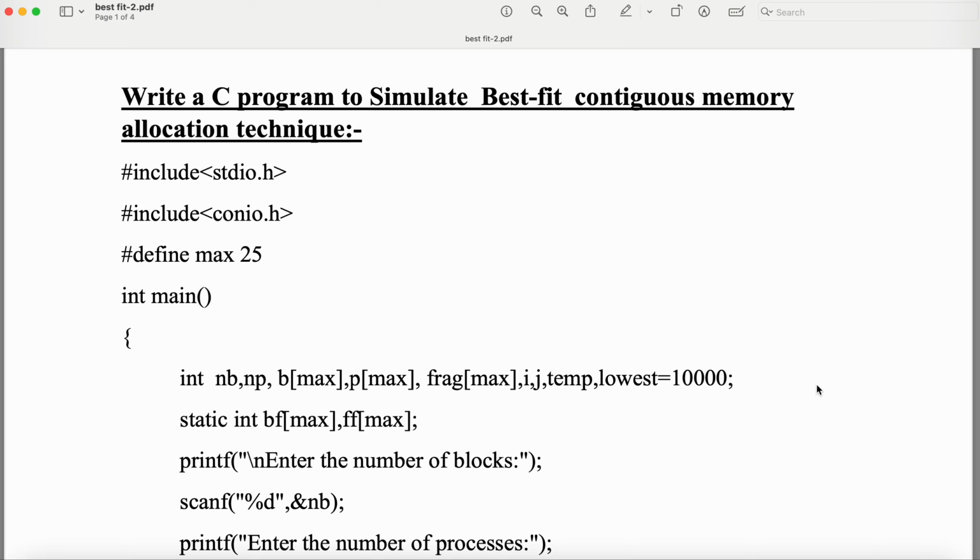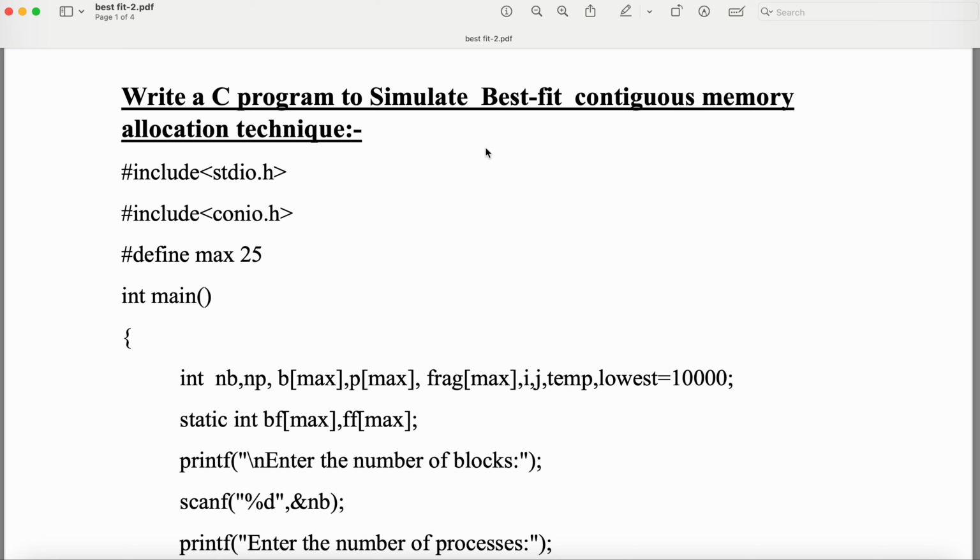Now, let us discuss a C program to simulate the best fit contiguous memory allocation technique. We know that we will use best fit in contiguous memory allocation techniques such as MFT and MVT.